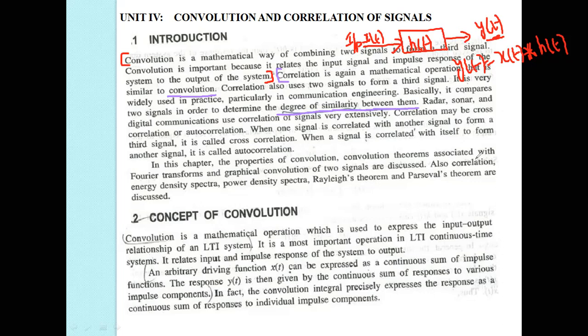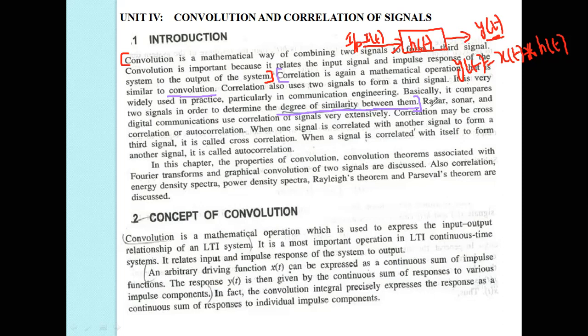Here we are comparing the two signals to determine the degree of similarity between them. It is a very important point. Whenever they ask what is correlation, it means comparing two signals to determine the degree of similarity between them. That is the definition of the correlation, my students.